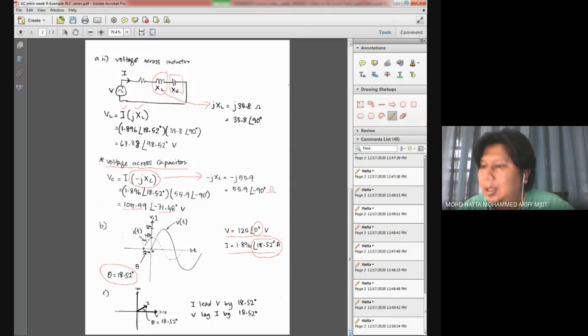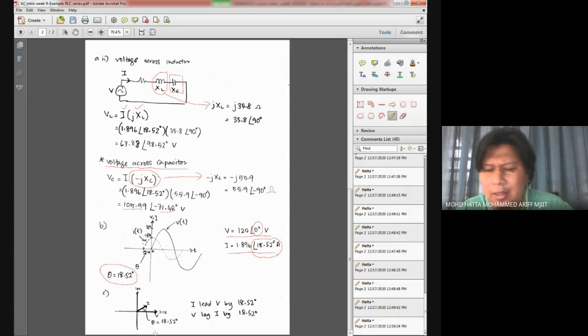Okay, and the last part is to draw the phasor diagram. Again, for the phasor diagram, I would recommend you use this kind of graphical representation. I believe it is easier compared to what is explained in the textbook.